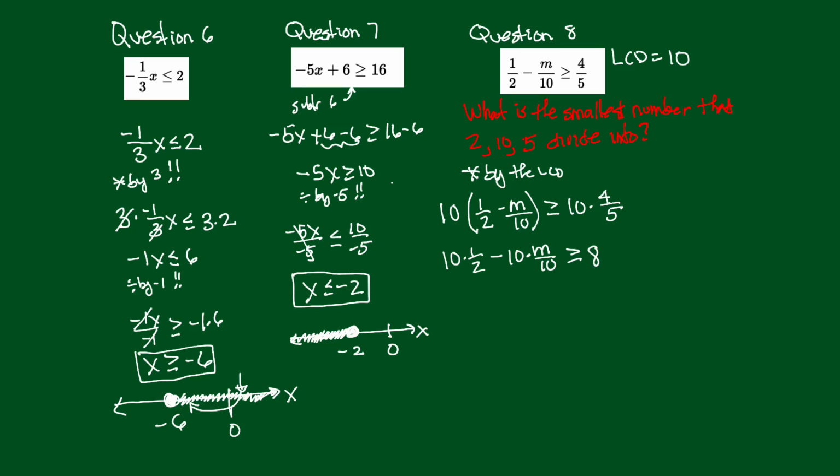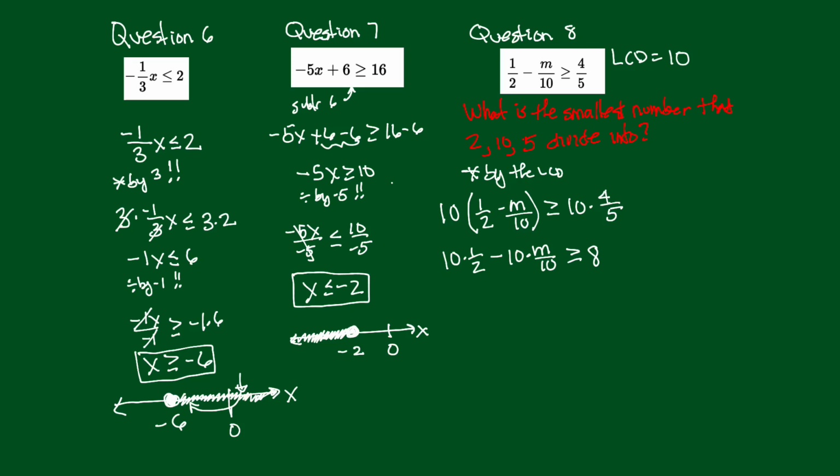Now, let's stop a minute and reflect on what we did here, because I'm going to show you how to skip this step. You don't have to write all that. Back up at the top, you multiply by the LCD. I multiplied both sides by the LCD, the left side and the right side. But look where that LCD ended up. It ended up in front of the first term, and in front of the second term.